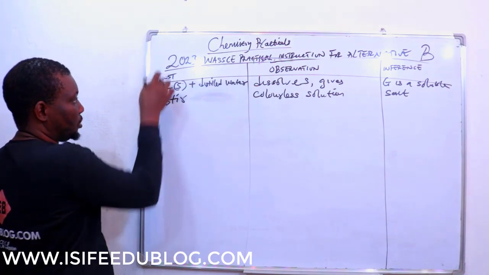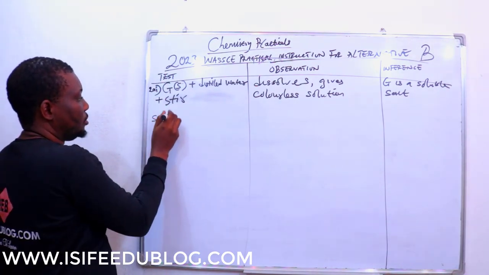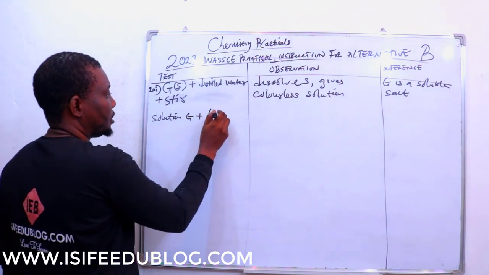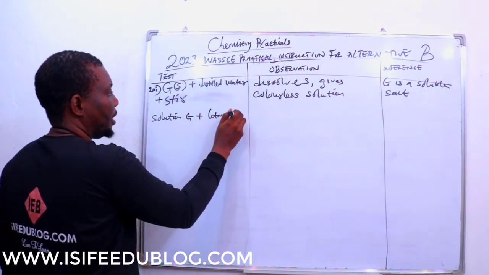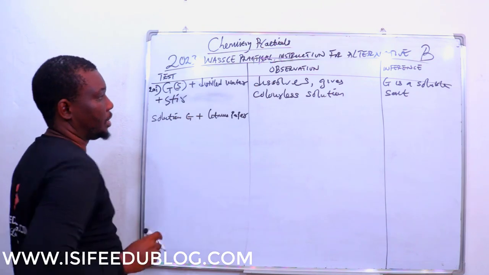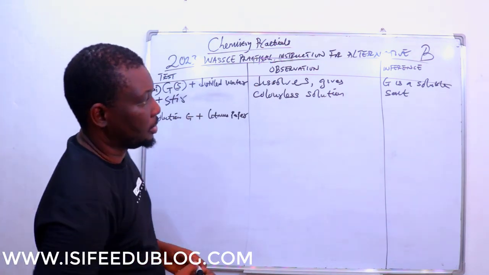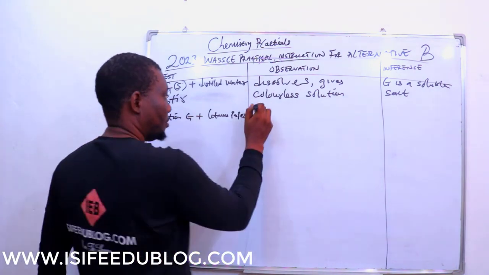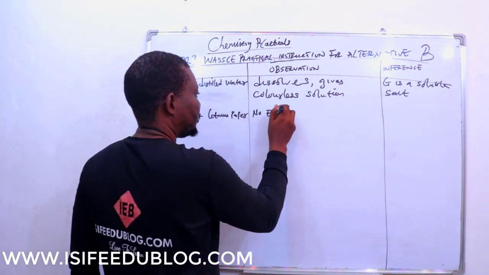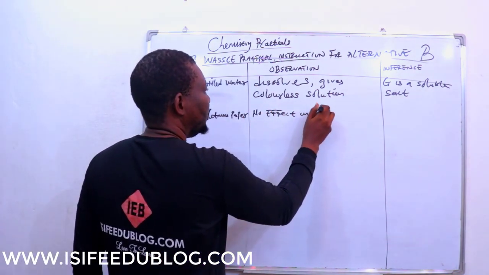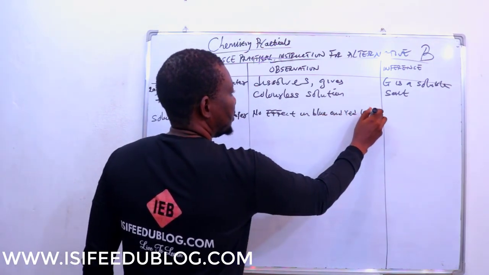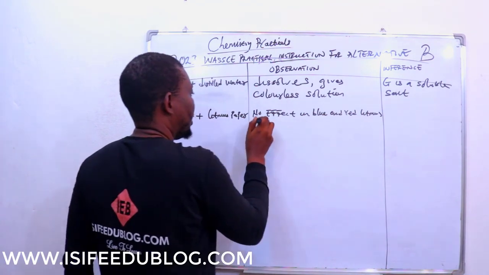Solution G plus litmus paper. Okay, what is going to be its effect on litmus paper? No effect on blue and red litmus paper.